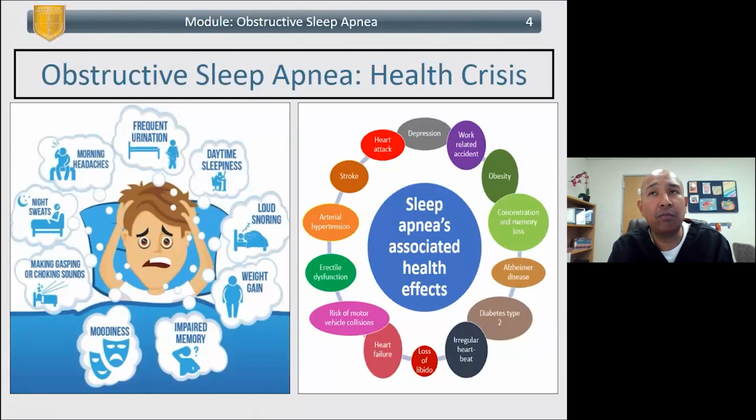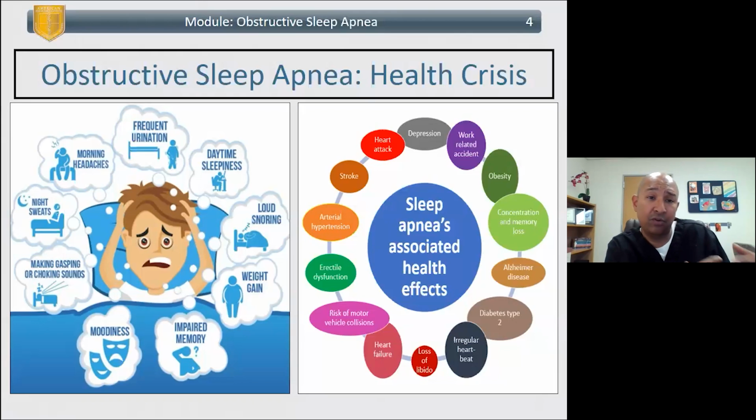When we talk about obstructive sleep apnea, if you look at the left at this little picture, why does this individual look confused? It's because of how obstructive sleep apnea presents. If you're only thinking, for board exams, snoring and being overweight or obese, then we're going to be missing a big chunk of people. One of my take-home messages is that how OSA presents is going to be based upon things like gender.